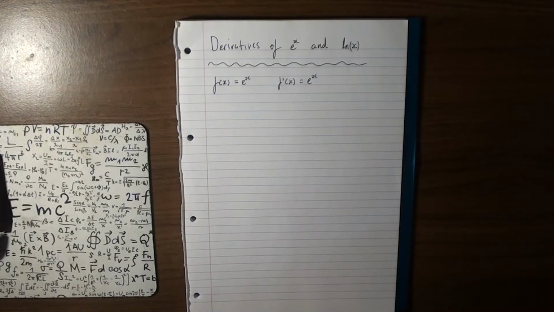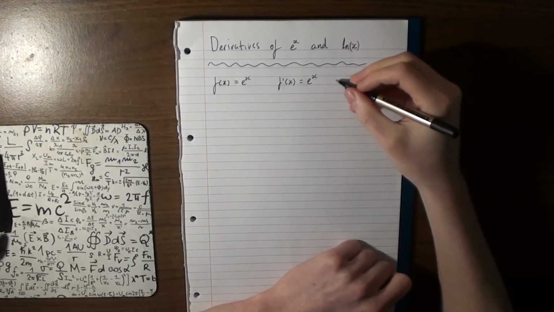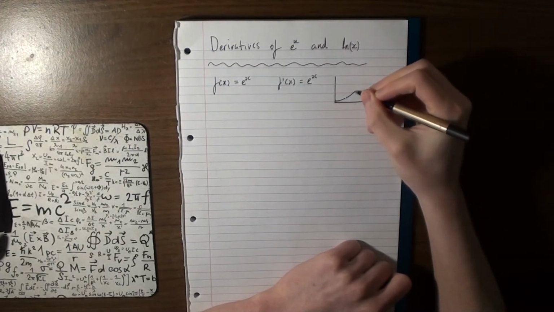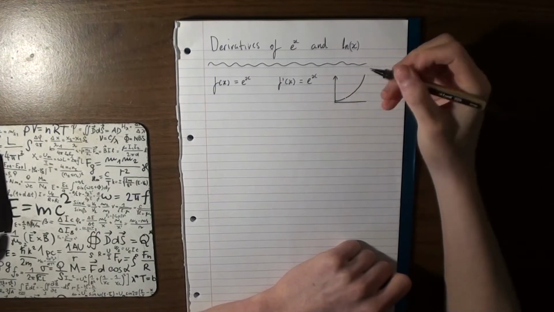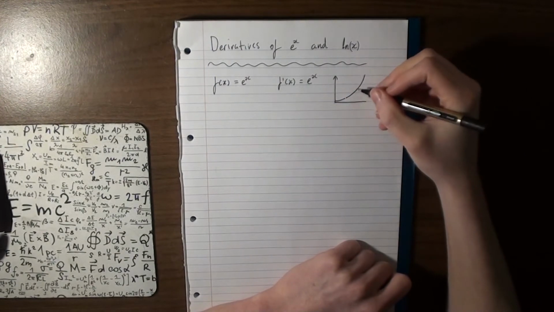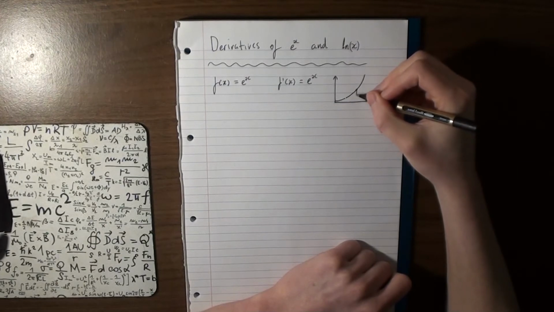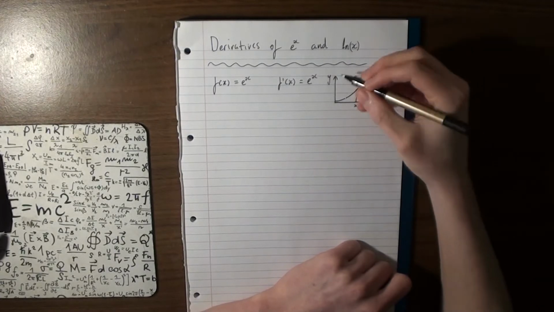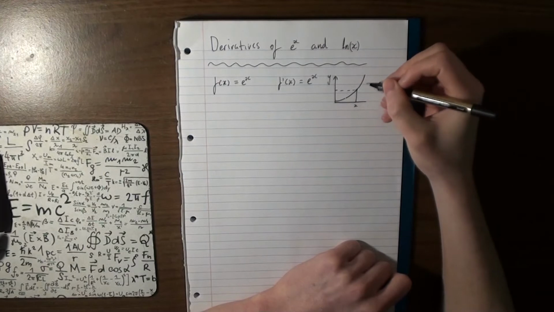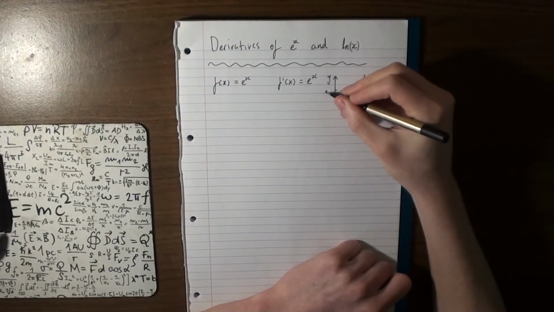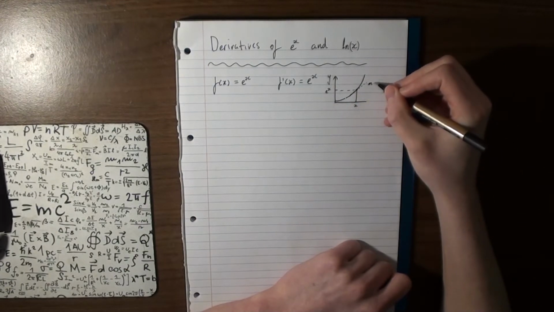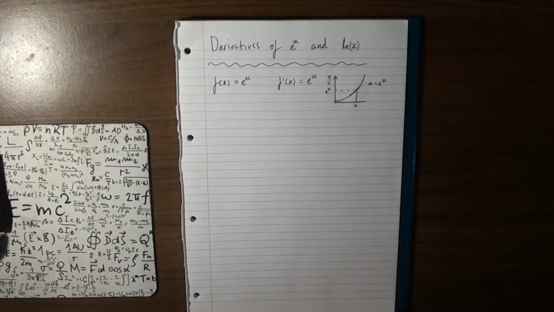So that is to say that for the graph of e to the power x, if we draw a quick graph, then the y value of this point that I've picked for x is going to be e to the x, but also the gradient coming through this point is going to be equal to e to the x as well.